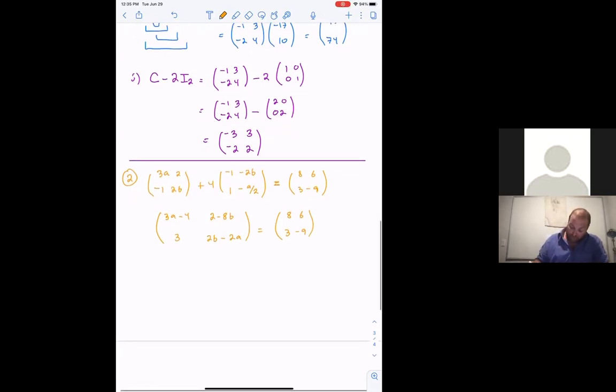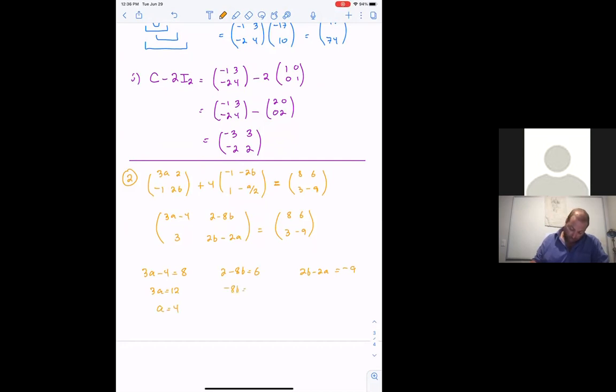But the top left gives me 3A minus 4 equals 8, and the top right, 2 minus 8B is equal to 6. That will allow me to solve for A and B. And then I need to check that 2B minus 2A is equal to -9, because maybe the first two will give me an answer that doesn't work for the last one, in which case there is no answer to the problem. So this becomes 3A equals 12, and therefore A must be 4.